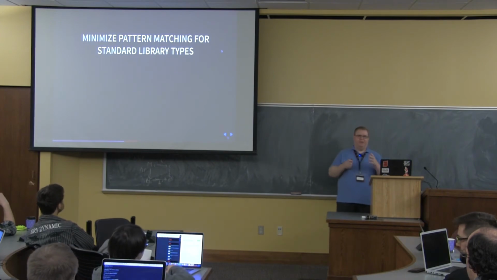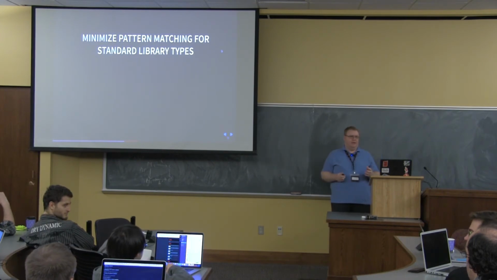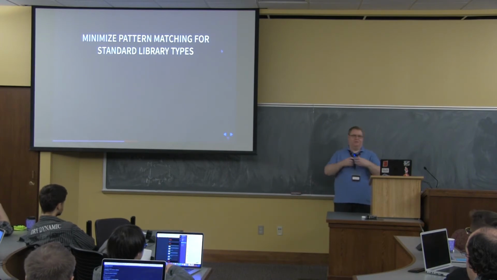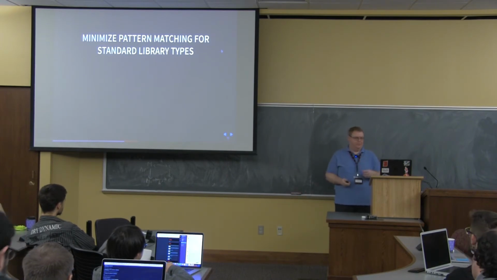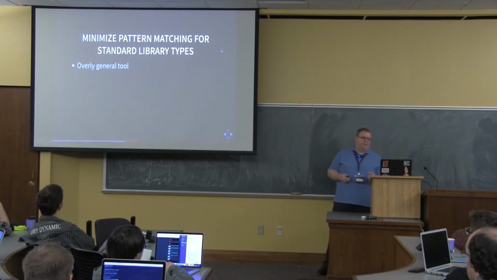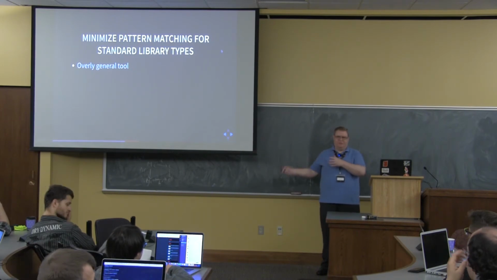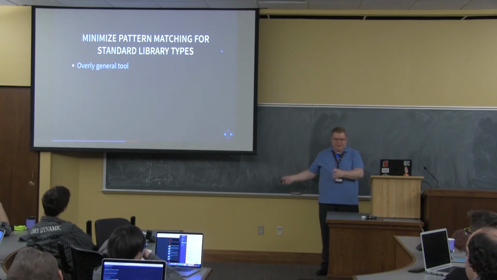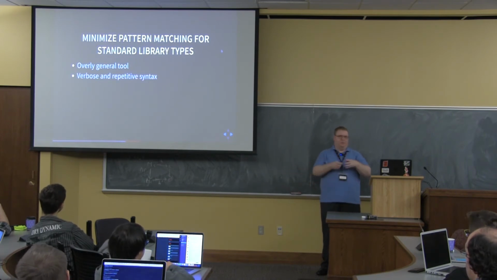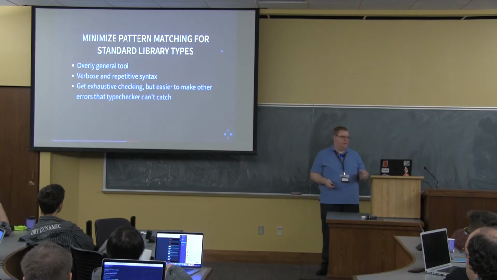But there are a lot of places where it is not appropriate to use, and it can actually add bulk to your code. The reason why you don't want to use it in a lot of cases is because it's overly general. There are a lot more specific tools that are already available. It's verbose and repetitive.